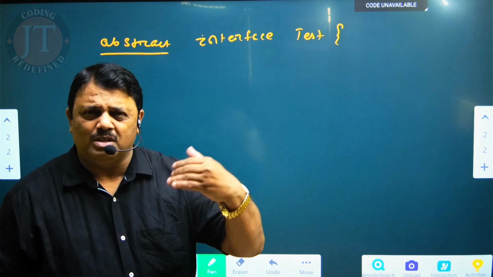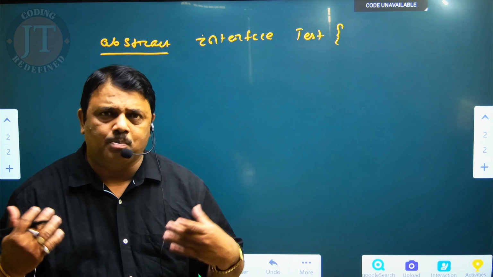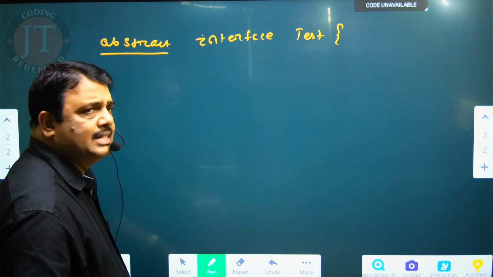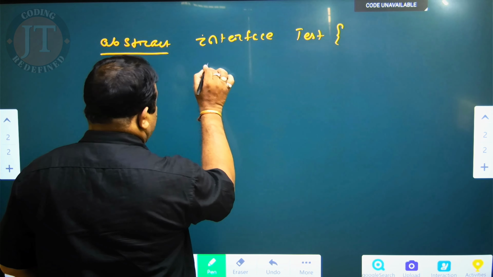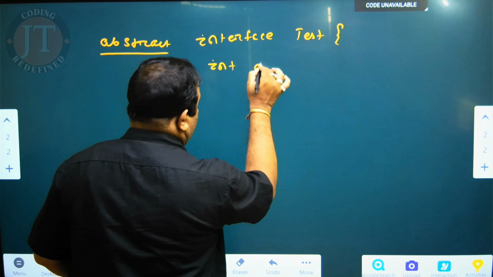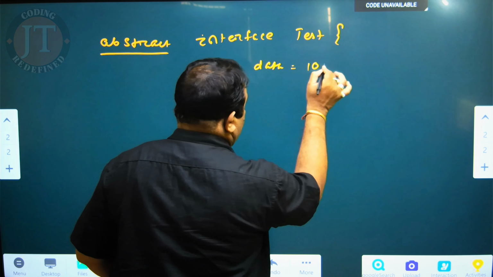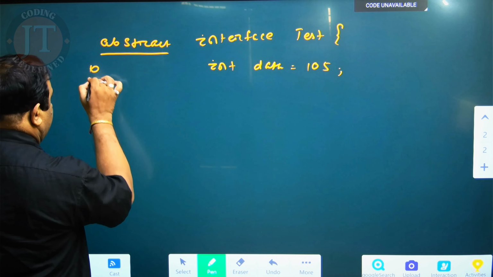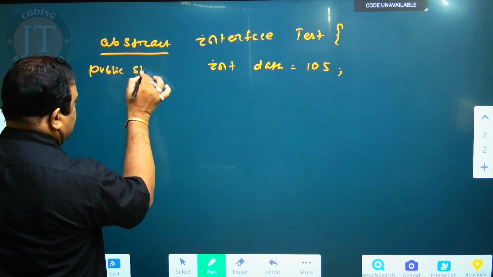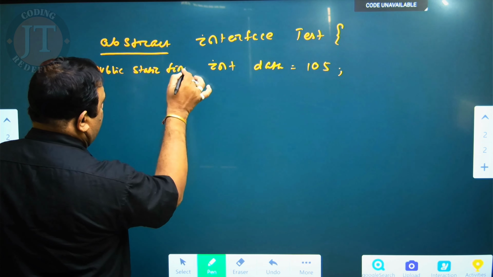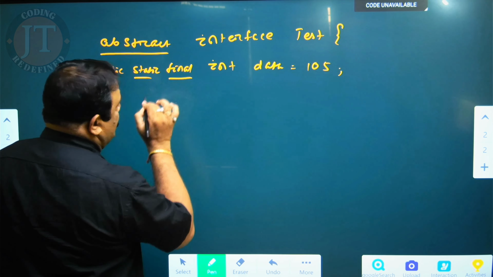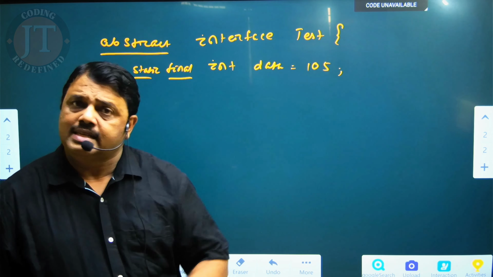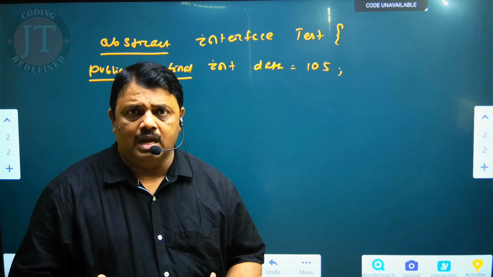I cannot create an object of an interface. Variables, such as int data = 105, are implicitly public, static and final, and such variables are called constants. The same rules and characteristics apply.